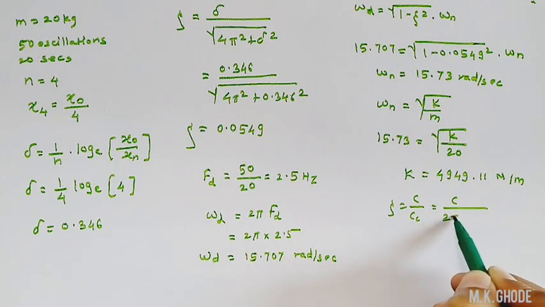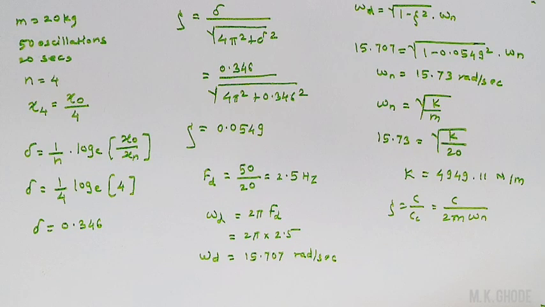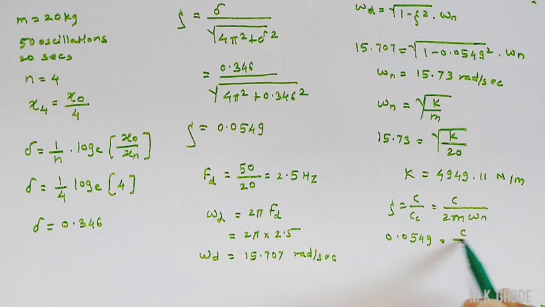Zeta is known to you. Zeta 0.0549 is equal to C upon 2 into m, which is 20, into omega n, which is 15.73.